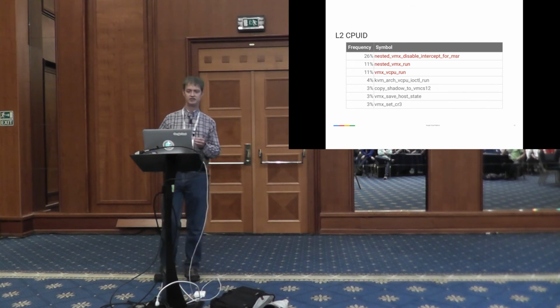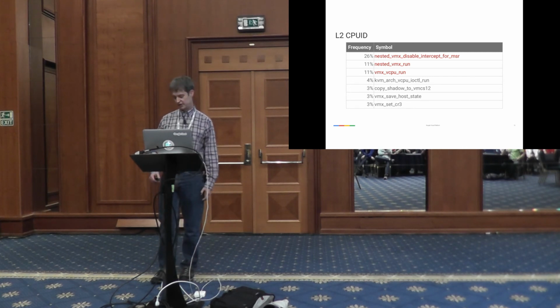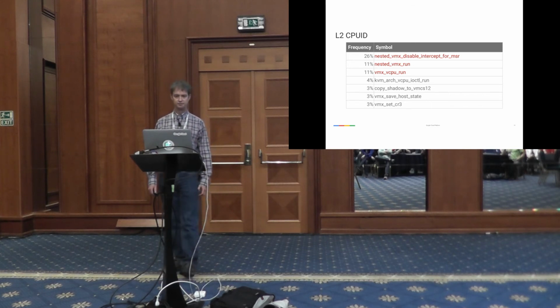This is the shadow VMCS that L0 uses so that L1 can do VM reads and VM writes without causing a VM exit. I think as you add more things to that list that I was talking about earlier, this is just going to get more expensive. But it's not obvious that there's a lot to save there.